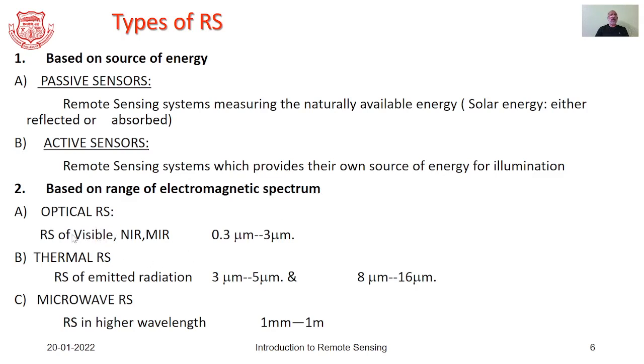Optical remote sensing uses visible, near infrared and mid infrared, associated with wavelengths of 0.3 micrometer to 3 micrometer. Thermal remote sensing systems are based on emitted radiation having wavelengths of 3 to 5 microns and 8 to 16 microns. Whereas microwave remote sensing systems use higher wavelengths of 1 mm to 1 meter.